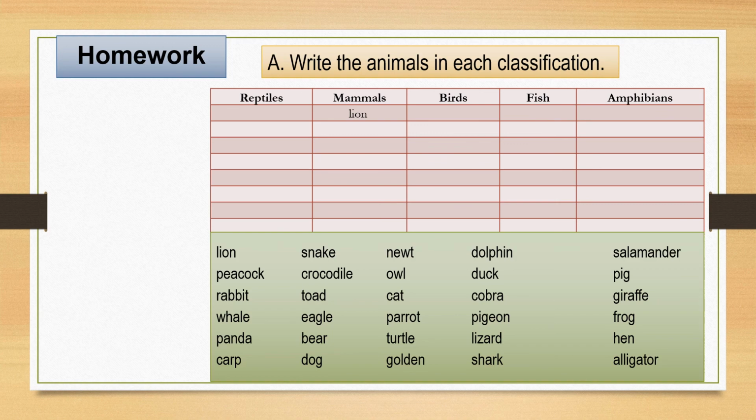Is it under reptiles, mammals, birds, fish, or amphibians? Lion is a mammal, so you're going to write lion under mammals. Now you're going to continue. You have the peacock, rabbit, whale, panda, carp, and so on until alligator. You're going to write each one under its classification.